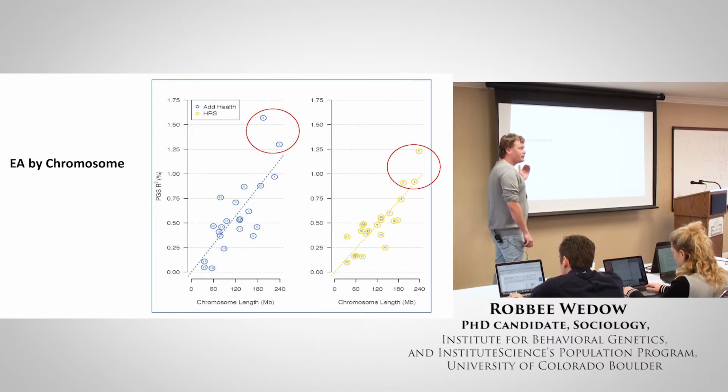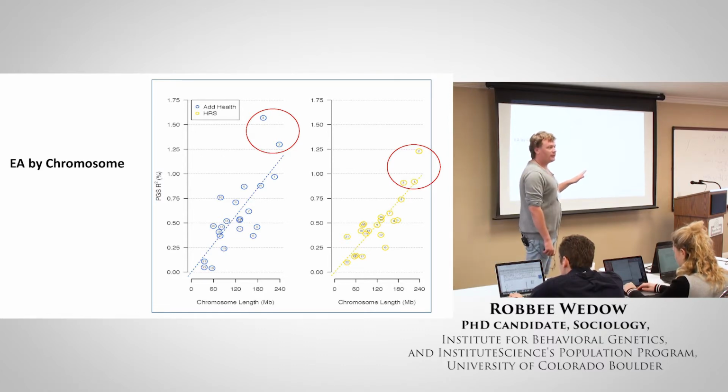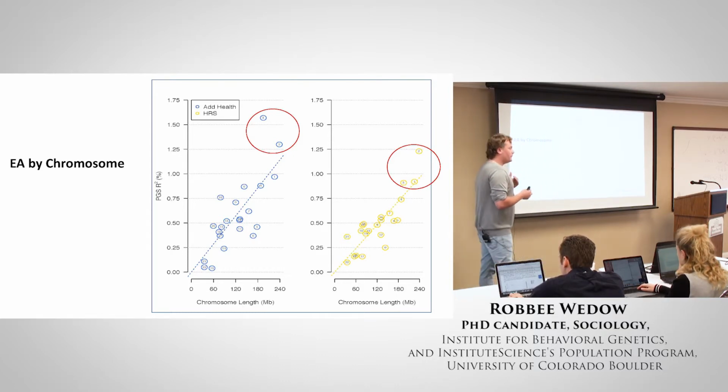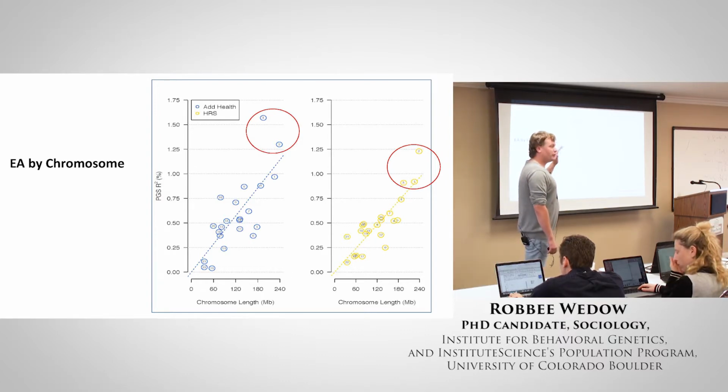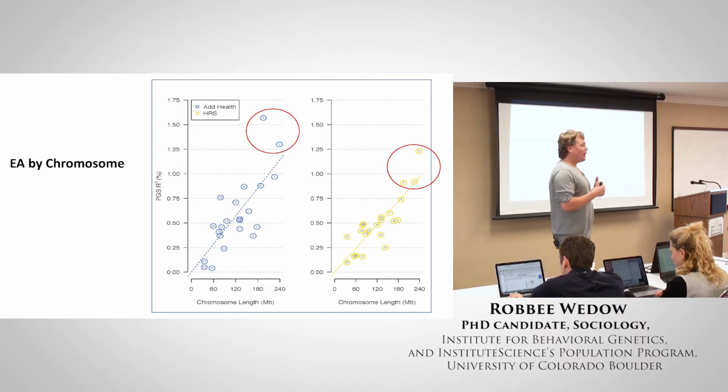As we would expect, we see a nice linear relationship emerge between chromosome length and the predictive power of the by-chromosome polygenic score. We think it's really interesting that with the very large sample sizes that we have in EA3, if we just add up the predictive power of some of the longest chromosomes, we're now out-competing the original educational attainment polygenic score from EA1 in 2013. So we've made a lot of improvements.